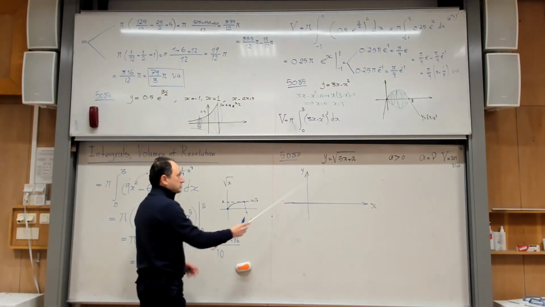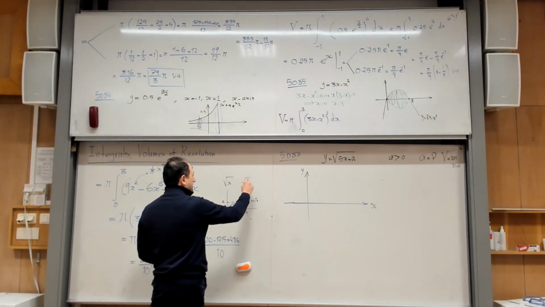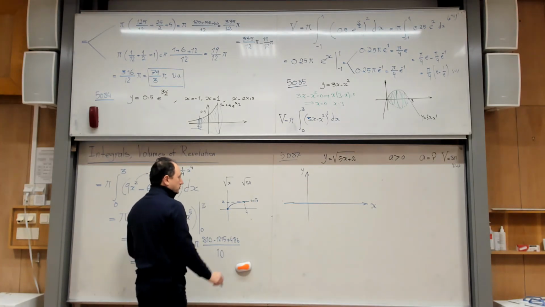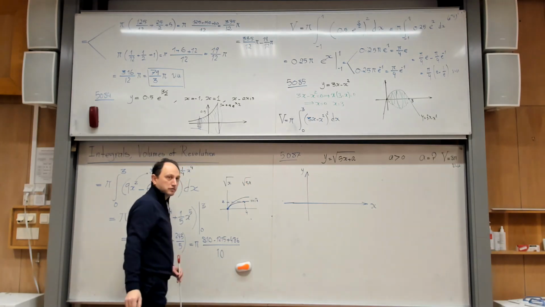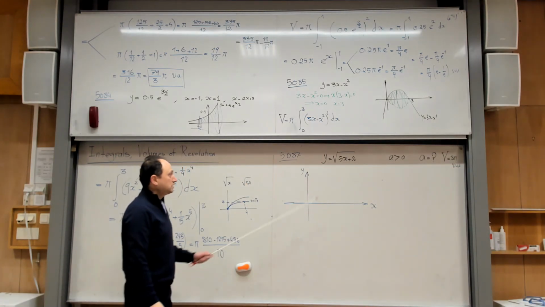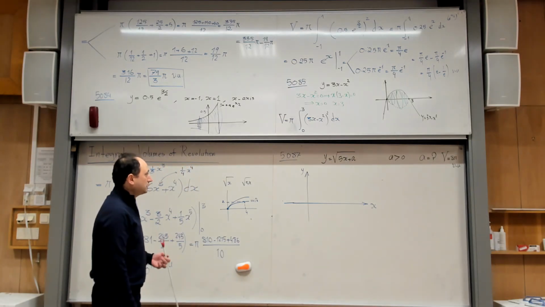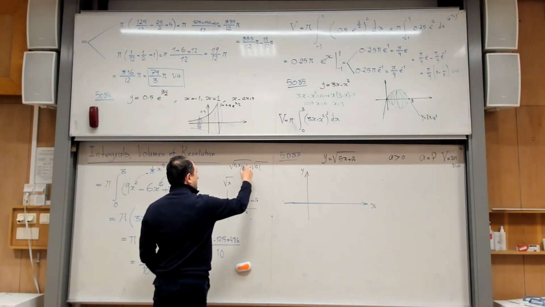Of course, this is not square root of x, it is a square root of 5x. Square root of 5x, the form of the function is the same, yes? But of course, it becomes a little bit higher because of multiplication by 5. But then the point is that what will happen if I have this number a here? We have already studied that. So square root of 5x plus a can be viewed as a square root of 5 times x plus a over 5. So do you remember this number which is added to the x?